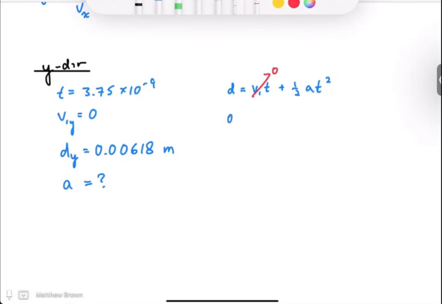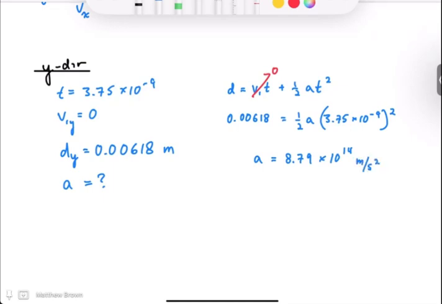And so that means 0.00618 equals 1/2 a and 3.75 times 10 to the negative 9 squared. Multiply both sides by 2 and divide both sides by 3.75 times 10 to the negative 9 squared. And that should tell us that a equals 8.79 times 10 to the 14 meters per second squared, which is decent.